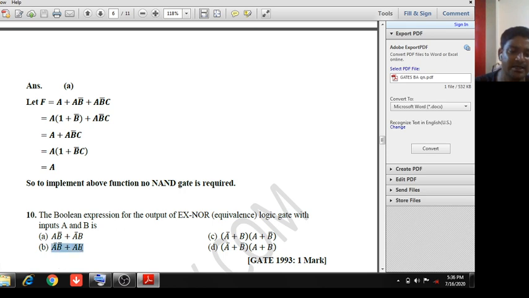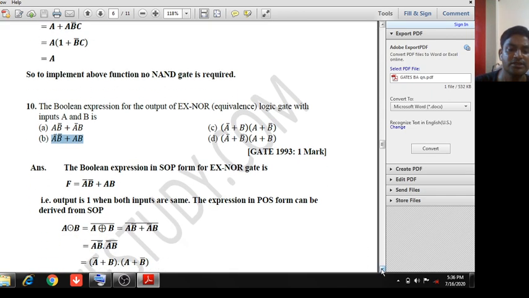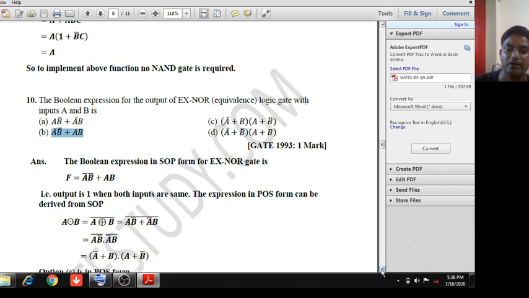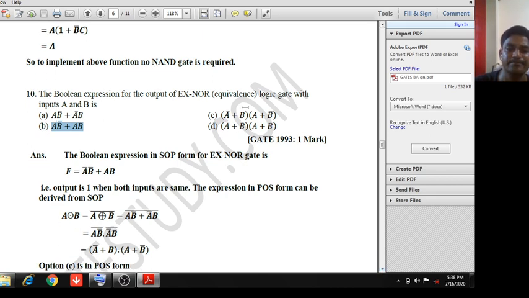This is the expression for the XOR gate. A bar plus B is not possible here. In the case of 0 1, the XOR output is 0, so A plus B bar. So A XOR B is A bar plus B, or A plus B bar. Again it is possible, so there is option C.